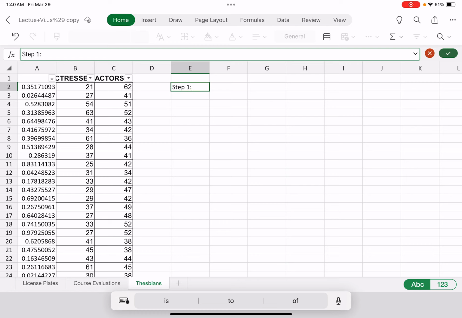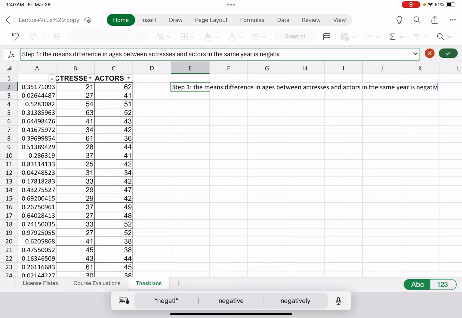All right, so step 1. Step 1 is the mean difference in ages, between actresses and actors in the same year, is negative, or less than 0.